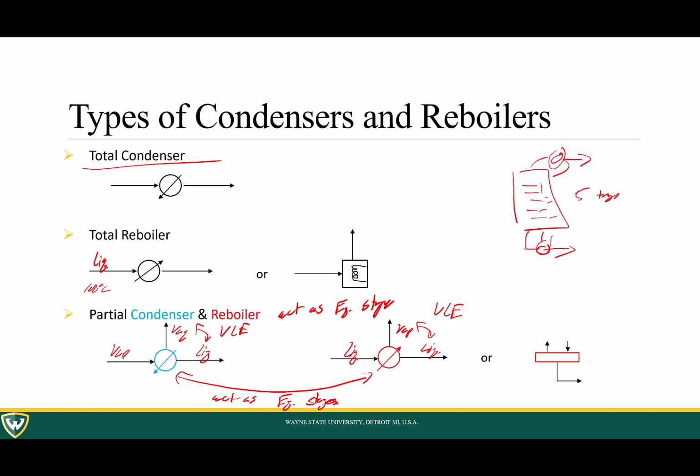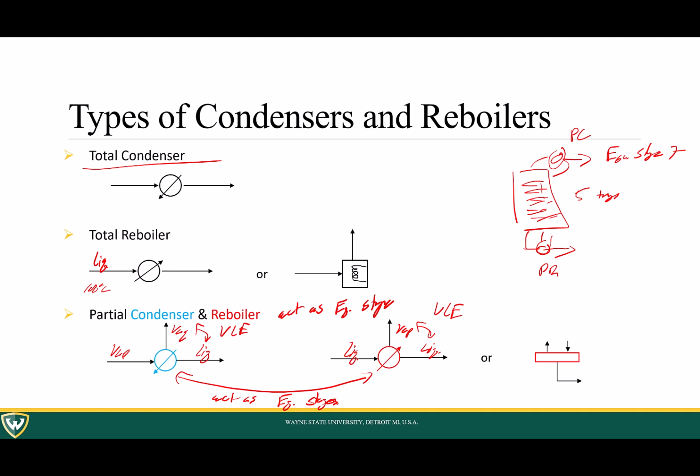So if I said how many equilibrium stages, it would be 7. If I said how many trays, it would be 5 because you have the 5 trays. But if this is a partial condenser and this is a partial reboiler, these act as equilibrium stages, so you would include those in the total count.